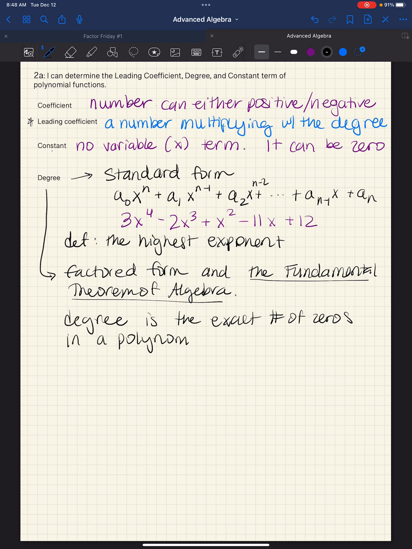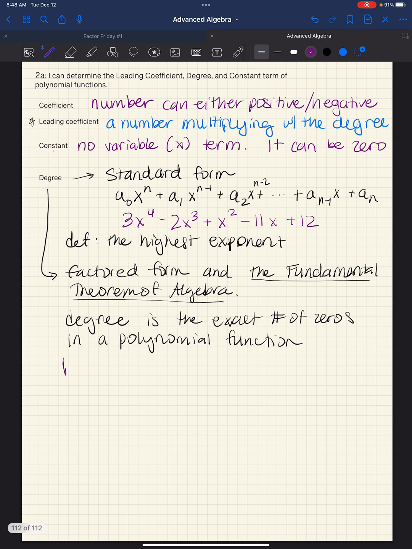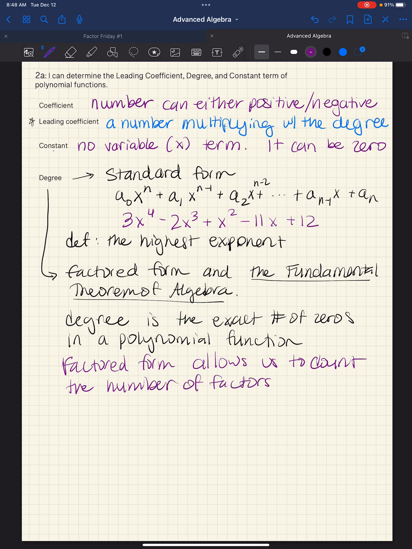So how this helps us in factored form is factored form allows us to count the number of factors present, including multiplicity.